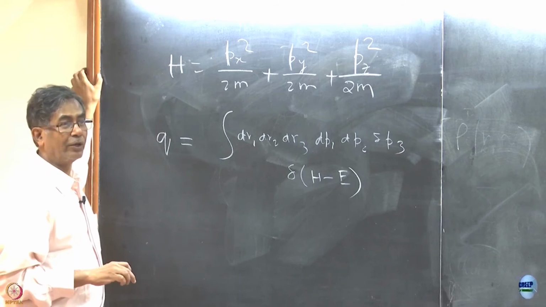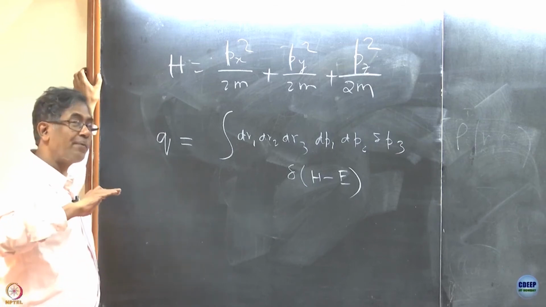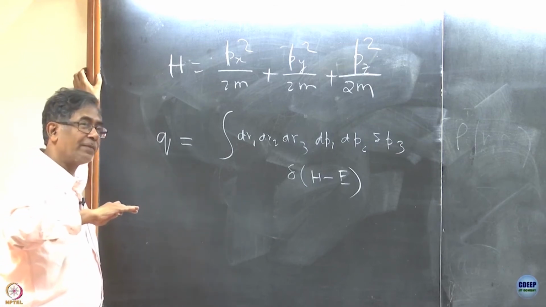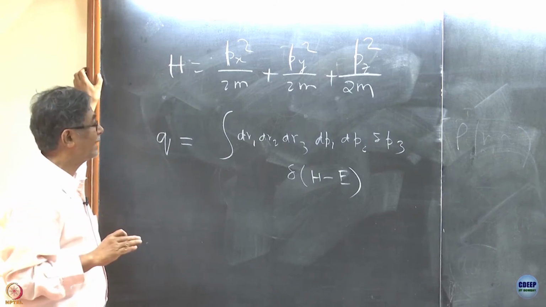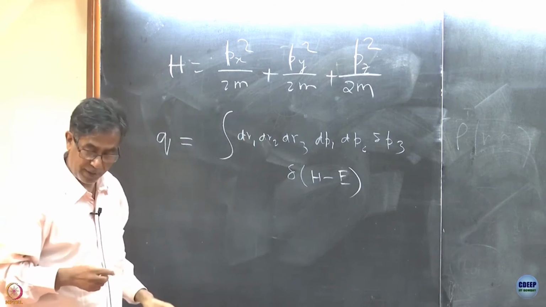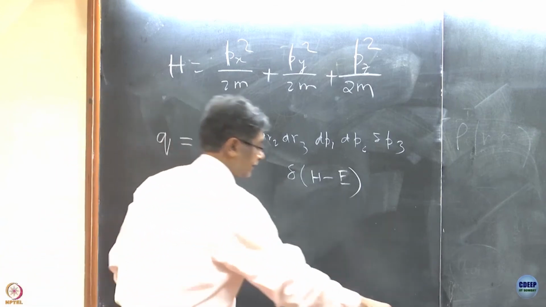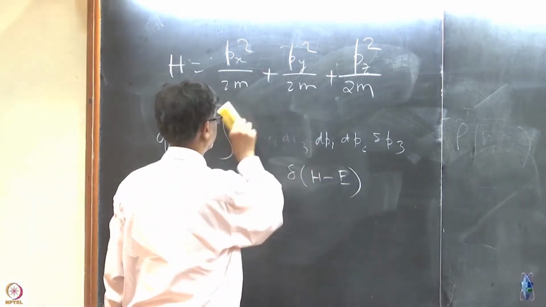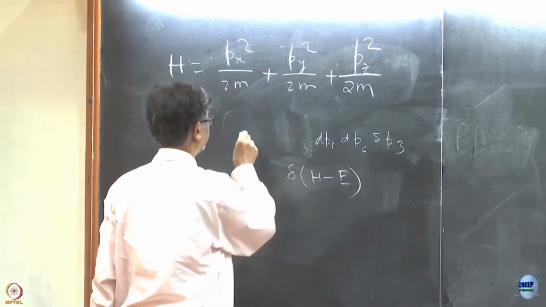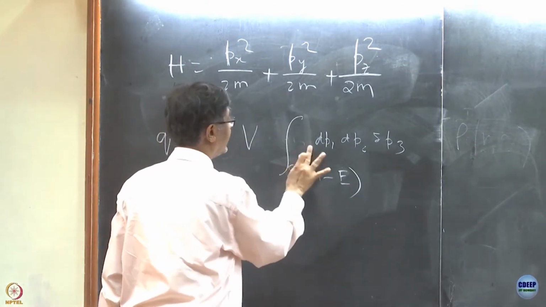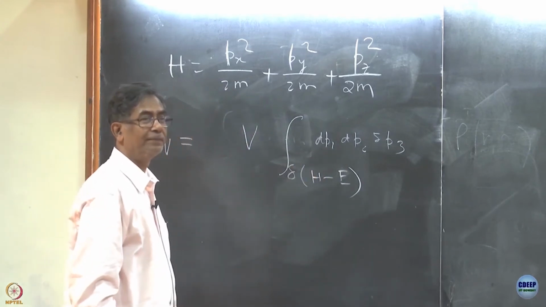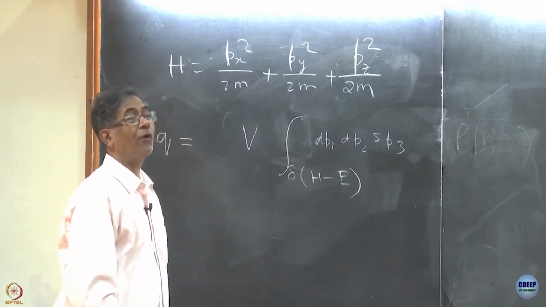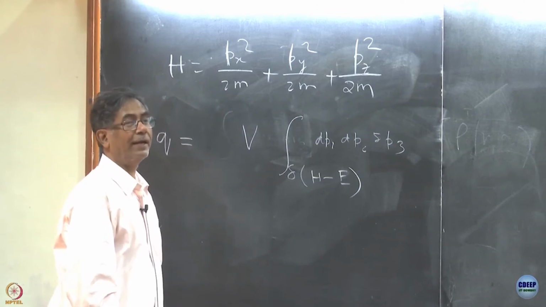Okay. So you pick up a hypersurface, and this of course gives me just the volume as before. But this has to have this constraint, so I cannot have any momentum and any position.